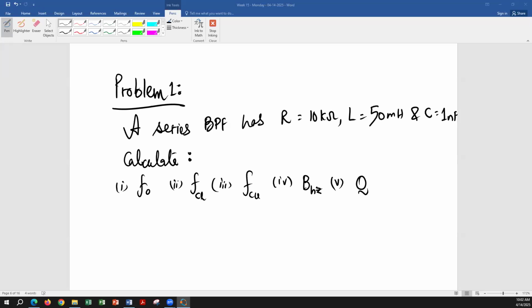F naught is the reciprocal of two times pi times square root of L times C, which gives us 22.508 kilohertz. This is the center frequency.